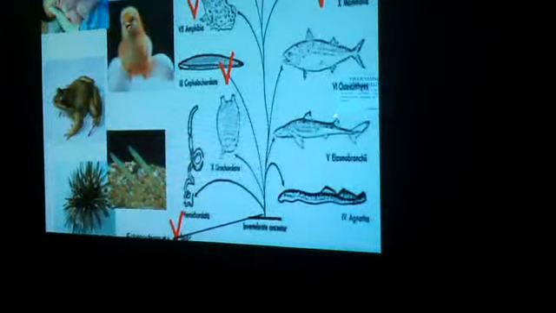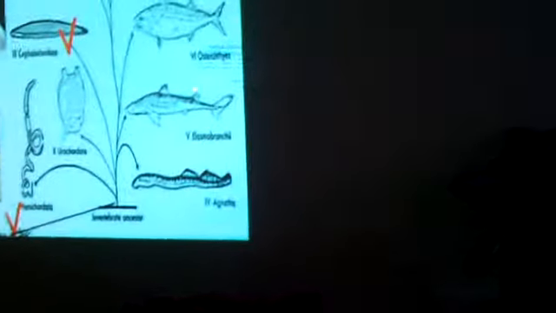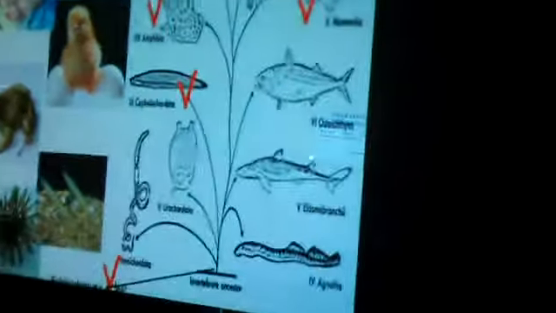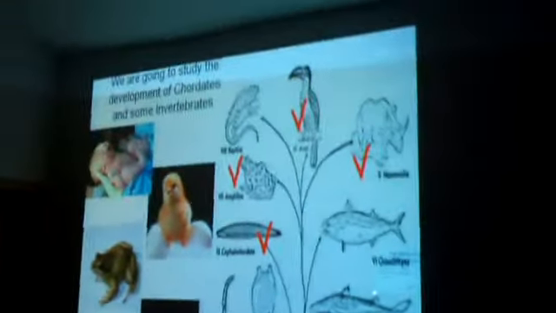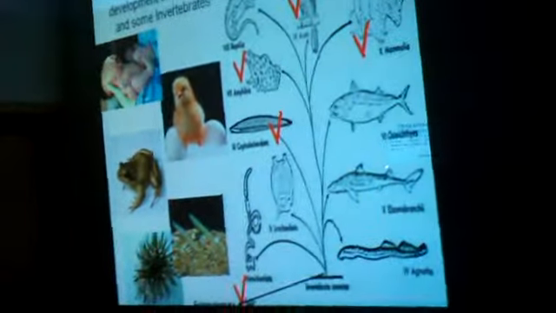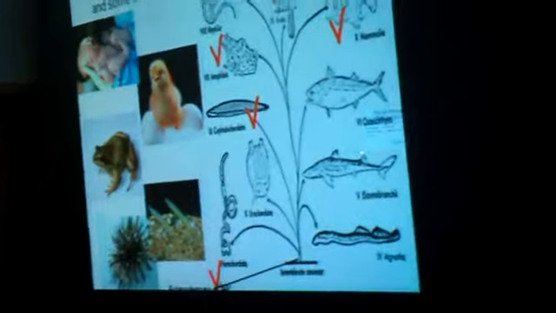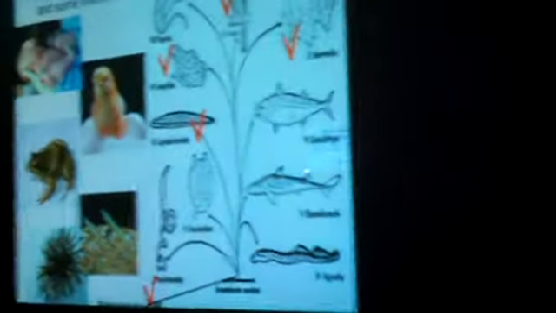At the bottom you see the lancelet, small, and it belongs to the group Cephalochordata. If we have time, we study amphibia, birds, and mammals, but we do not, so we'll go quickly through them.